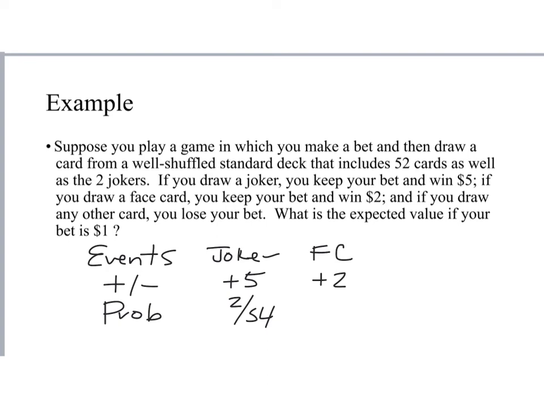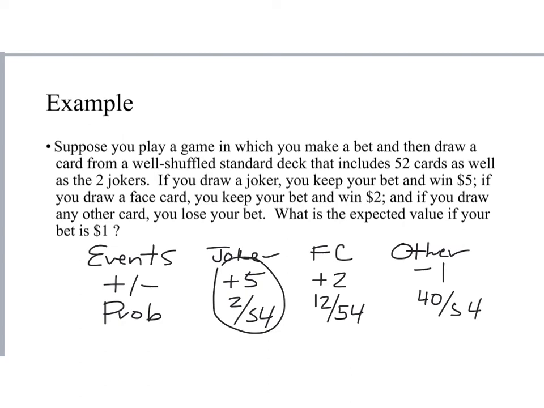There are 12 face cards, so the probability is 12 out of 54. And then if you draw any other card, taking out the jokers and face cards, there are 14 of those, so your probability here would be 40 out of 54. And they would lose their bet of $1.